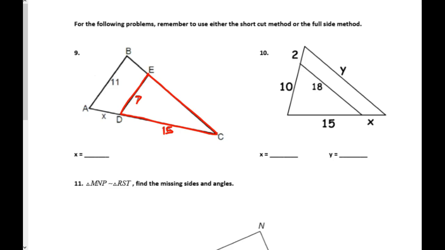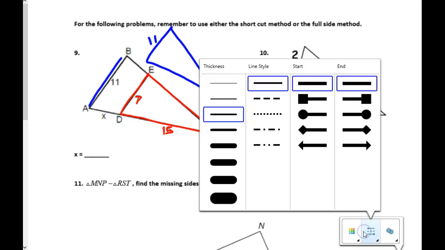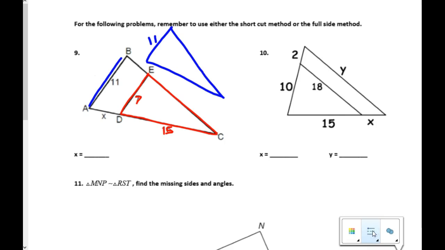Now, I'm going to redraw this big triangle. Now for the big triangle we have 11 over here, right? And for this side, let's make this look nicer. For this side right here, we have to add x and 15.